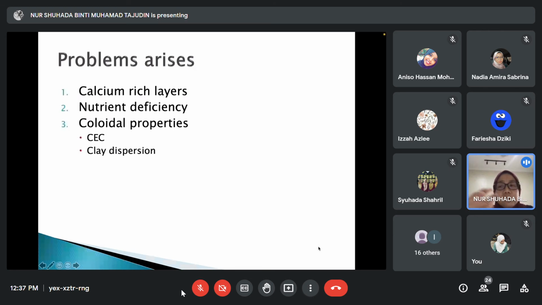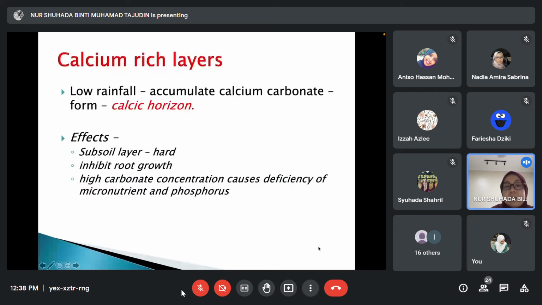When we talk about nutrients being available, in what form? Nutrients are there. For example, zinc can be in that area, but is it available to the plants? Whether it is available or not depends on the pH of the soil to make it available for the crops to uptake. Okay, number 3 is colloidal properties, which is the CEC and also clay distribution. It affects. Okay, so we go one by one.